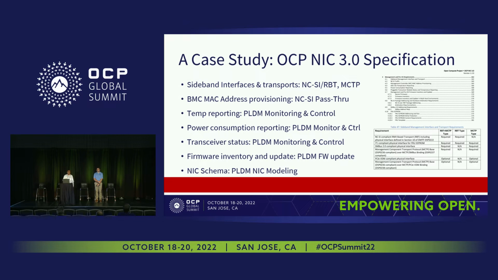Once we knew those features, we started looking into what PMCI standards provide, and that pretty much checkboxes all of those. Based on that, if you see the template, there is a whole section in the spec which primarily defines the subset of functionality from the PMCI that is applicable to OCP NIC 3.0. And I have listed a number of those on the slide here.